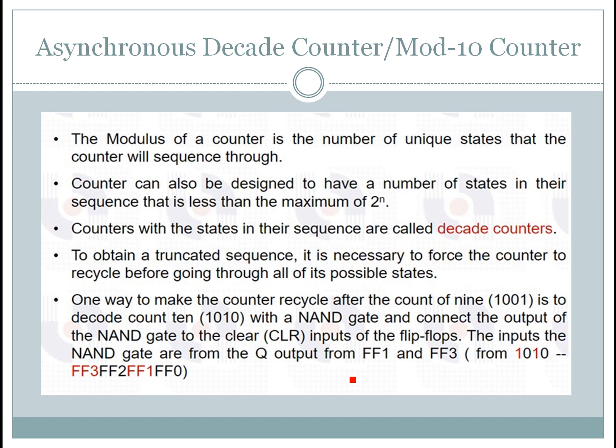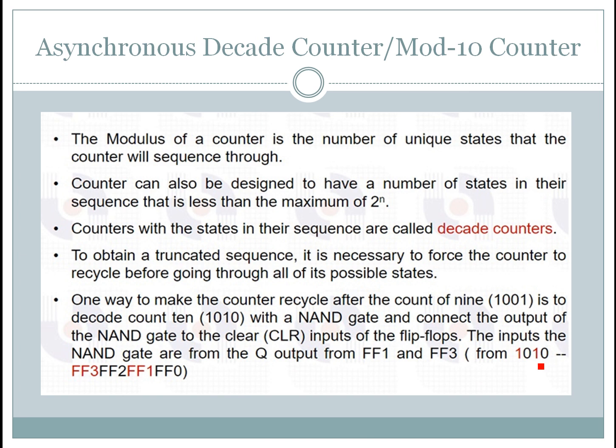The inputs to the NAND gate are from the Q outputs of FF1 and FF3, because after 1001 the next state is 1010.